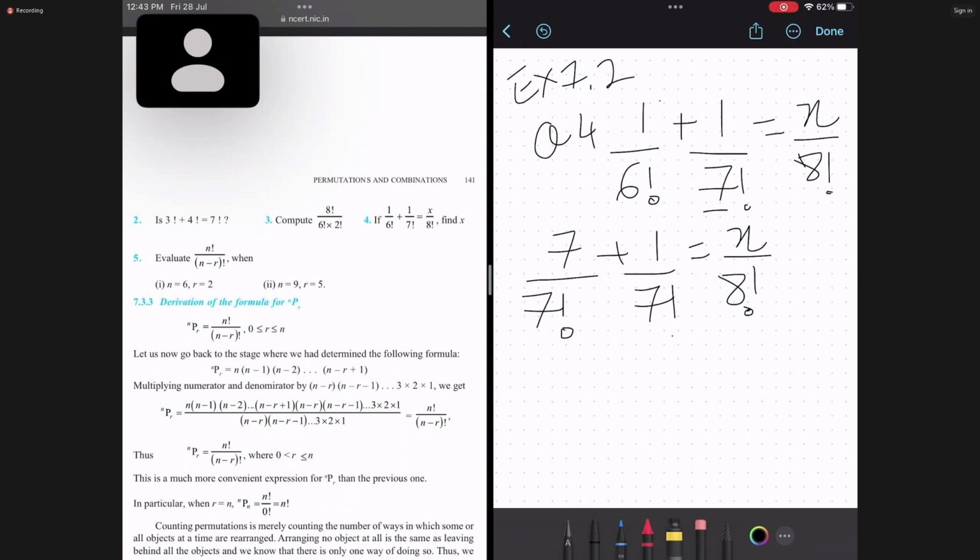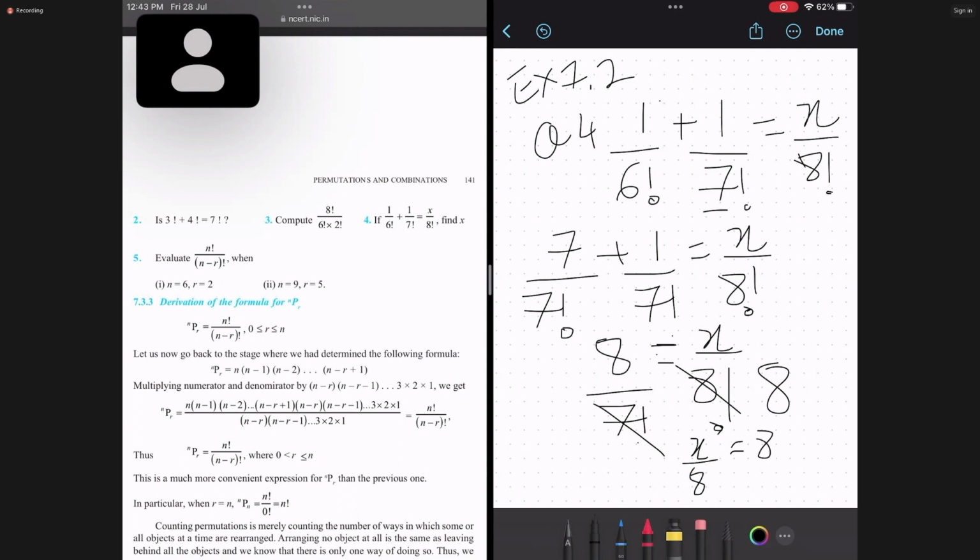What I'm left with now is 8 upon 7 factorial is equal to x upon 8 factorial. This can be cancelled out. 8 is remaining here. What I'm left with is x upon 8 equal to 8. Cross multiplying on that side, what I'm left with is x equal to 64.